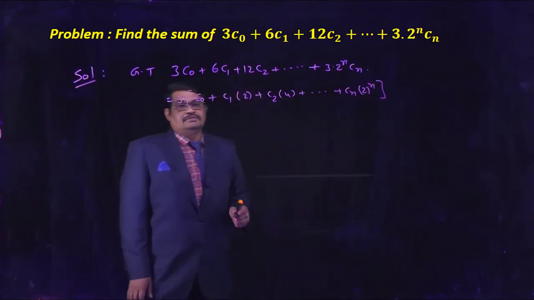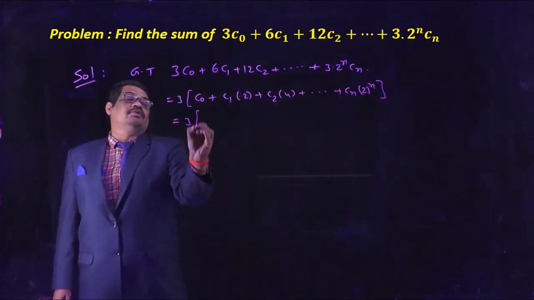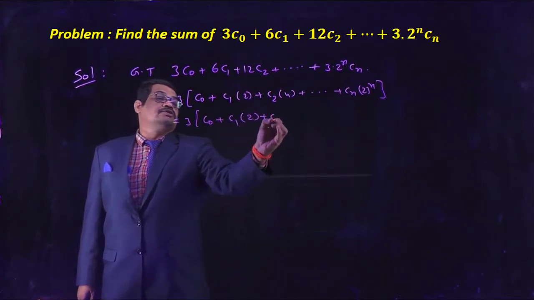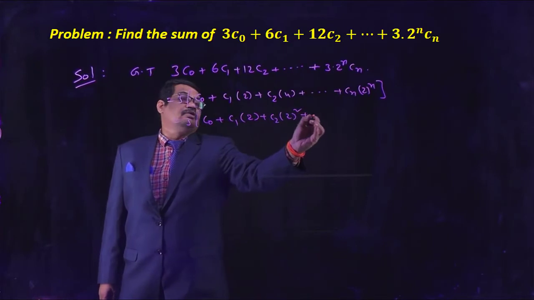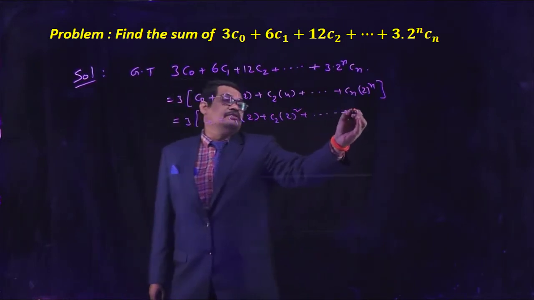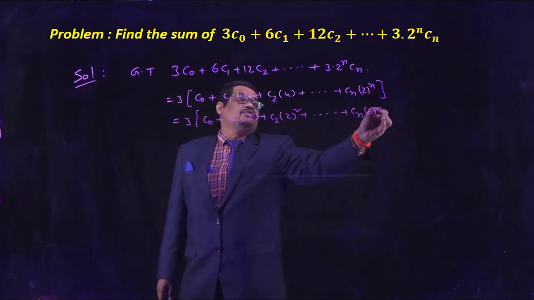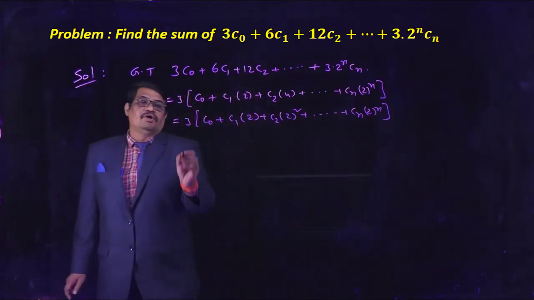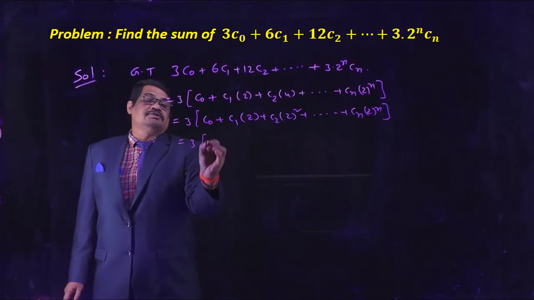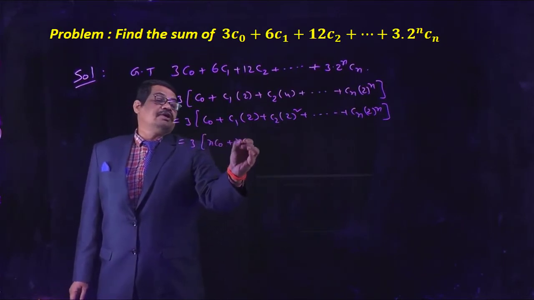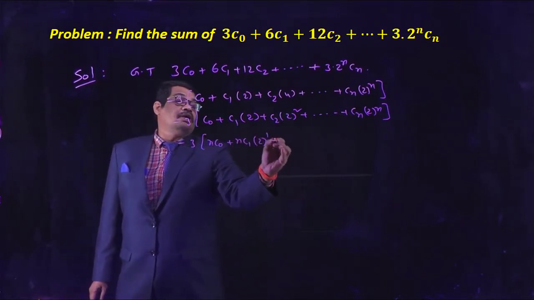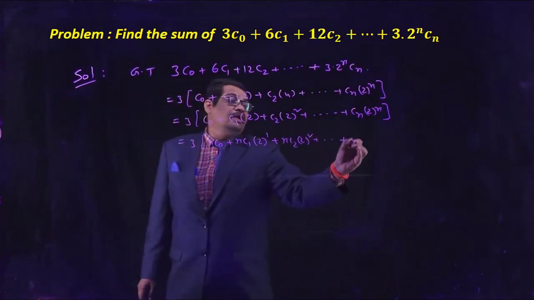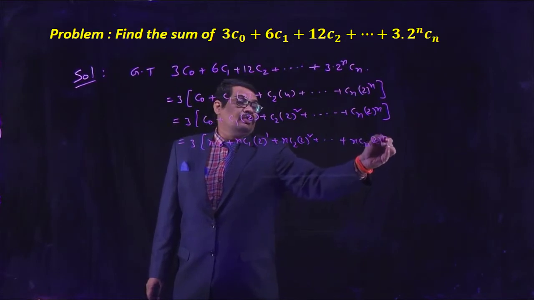That is nothing but 3 into c0 plus c1 into 2 plus c2 into 2 square and so on plus cn into 2 to the power of n. Now we write this as nc0 plus nc1 2 power 1 plus nc2 2 square and so on, ncn 2 to the power of n.